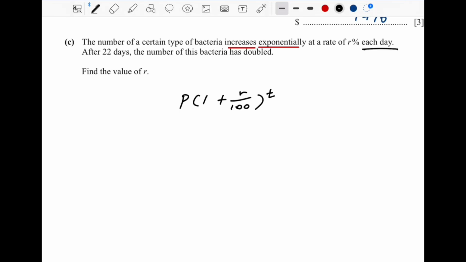After daily, each day, so I can sub this as my T, not in years but in days now. Each day the number of bacteria has doubled. Find the value of R. It started with P. If it's doubled, meaning it will be 2P, right? So that's how you form the equation. Then our objective is to find the value for R.